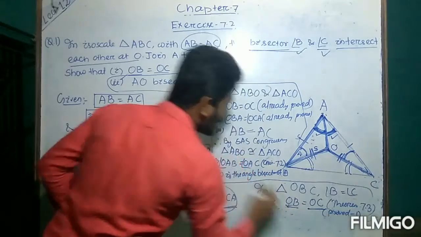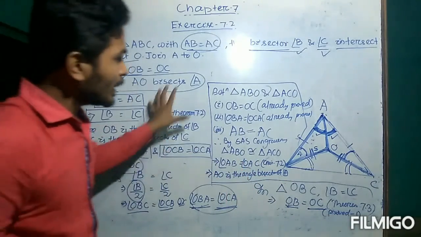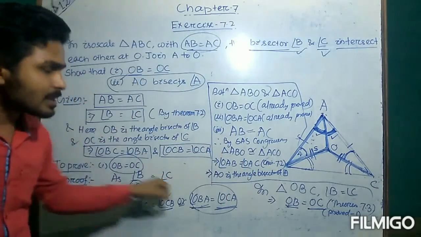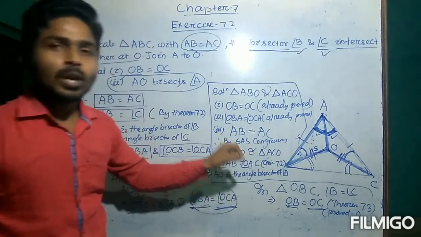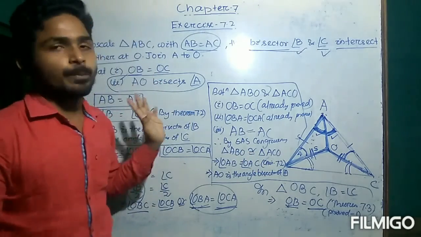So it seems to be a little bit hazy on this board, but you have to take the screenshot and understand accordingly, then you can easily understand the two proofs. Okay.